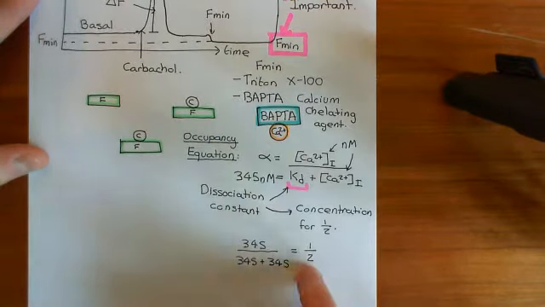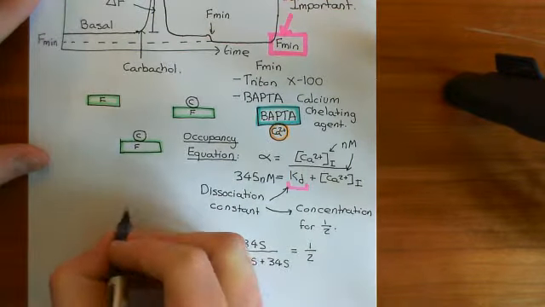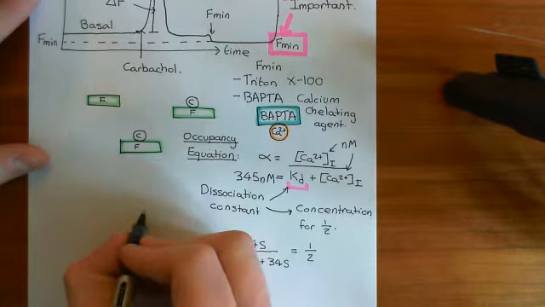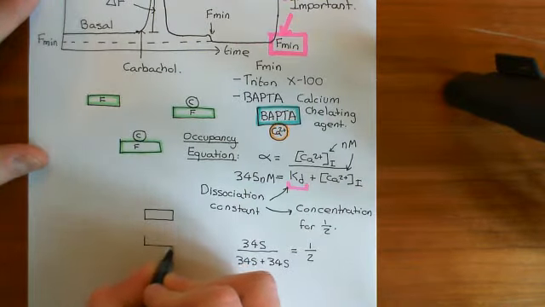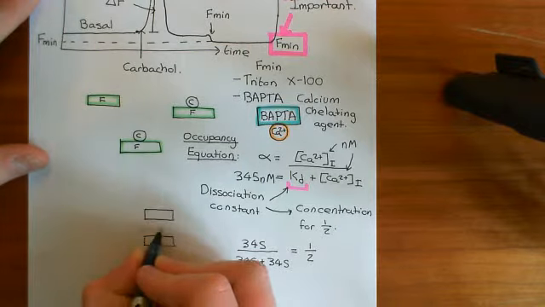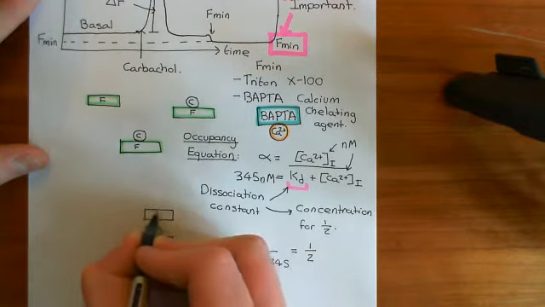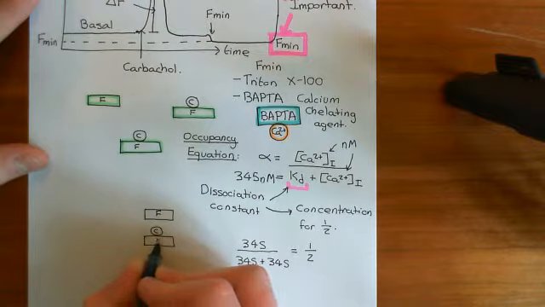So that is telling you that the fraction of Fluo-4 molecules that will have calcium bound to them is a half. If I draw a picture for this, we'll have a huge number of Fluo-4 molecules, and half of them will have calcium bound to them, and half will not.